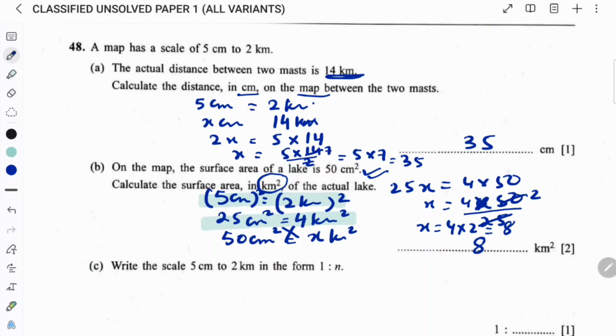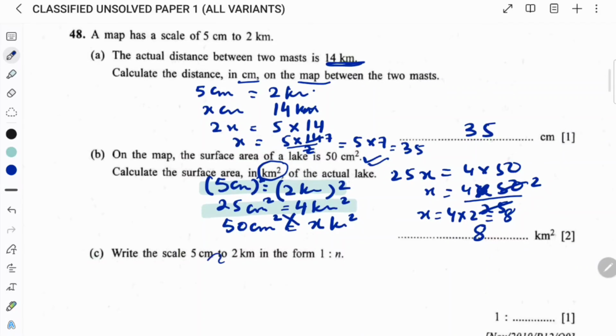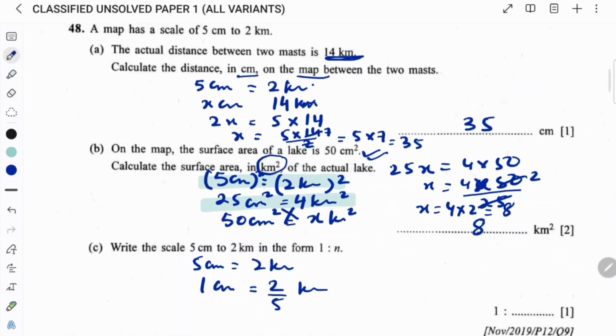Remember this thing. Okay, write down 5 centimeters to 2 kilometers in the form 1:n. Continuously we are doing the same type of question. So 5 centimeters is equal to 2 kilometers, and then 1 centimeter is 2 upon 5 kilometers. Kilometers into centimeters: 1 centimeter is equal to 2 upon 5 into 100,000.